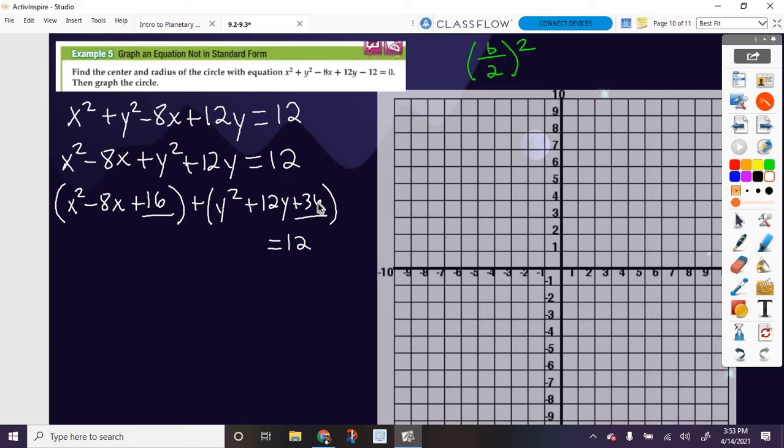This time, since it's going to end up being our r squared value on the other side, and we don't have any variables, we can go ahead and add 16 and add 36 to the right-hand side of our equation in order to keep it balanced. And then we're going to factor.